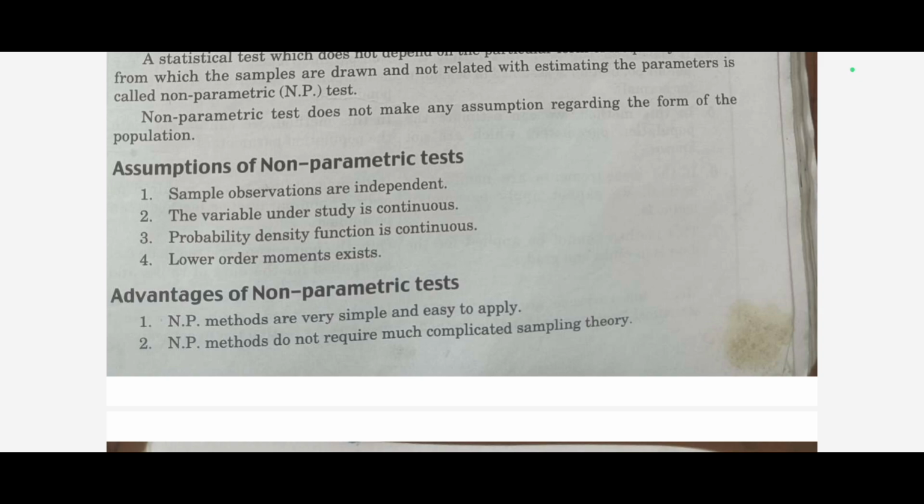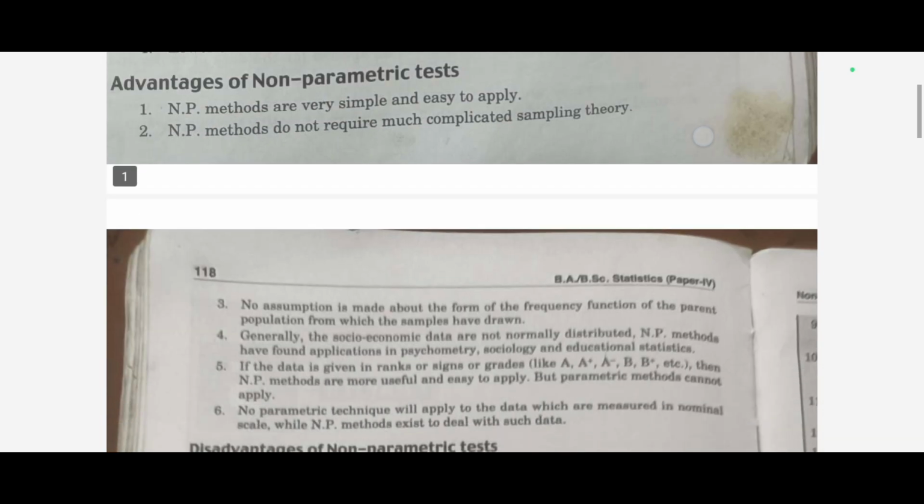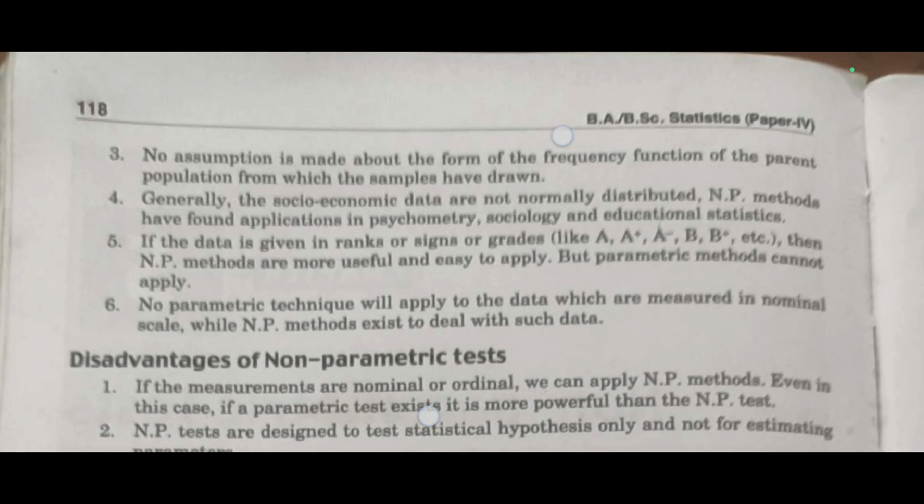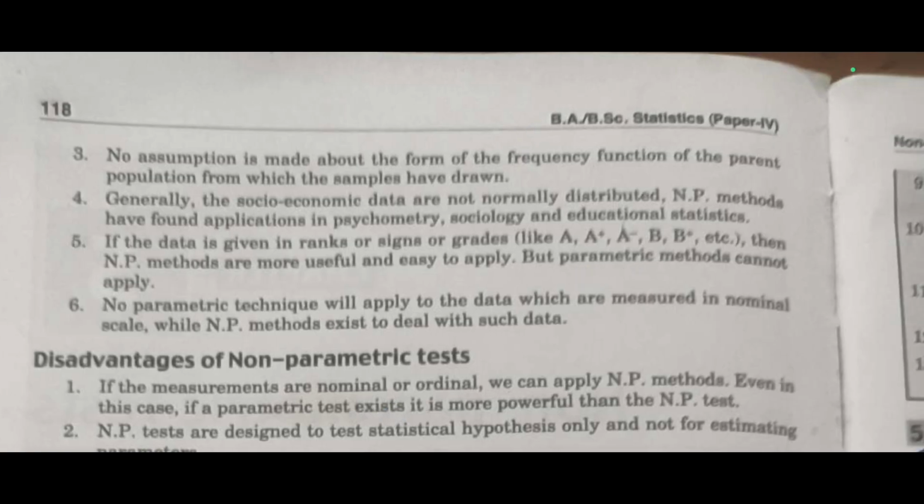Non-parametric methods are very simple and easy to apply. Non-parametric methods do not require much complicated sampling theory. Next, no assumption is made about the form of the frequency function of the parent population from which the samples have been drawn.